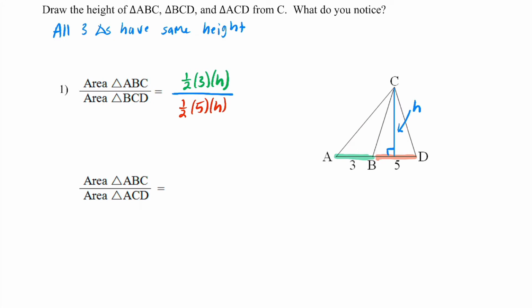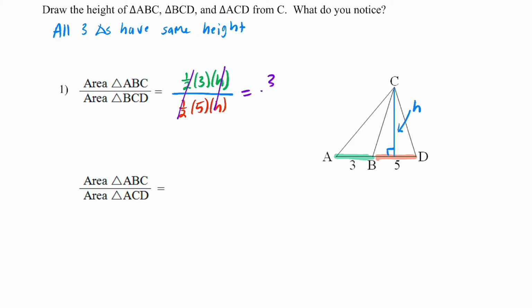So we're just asked to find a ratio. A ratio is a fraction in simplest form. So now I have a fraction. I just want to reduce it. Do you notice anything that cancels? If we were together, my hope would be that people noticed that the 1/2s cancel, the h's cancel, and what does that leave us with?